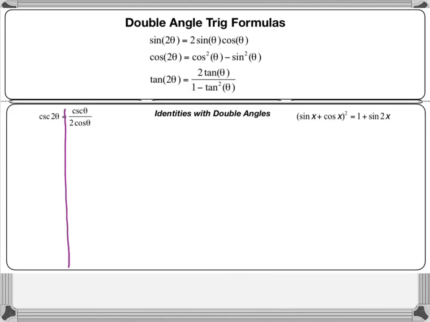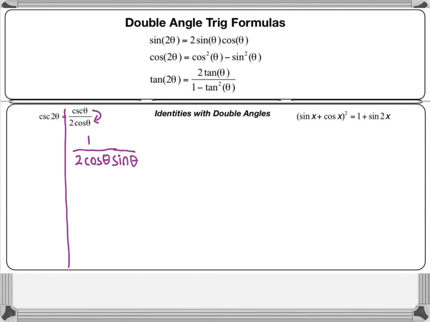So, for example, this one over here, we've got cosecant on top, and we've got this business of 2 cosine on the bottom. So what I'm going to do is turn the cosecant into 1 over sine, which is its definition, and that's going to give me 1 over 2 cosine theta sine theta.